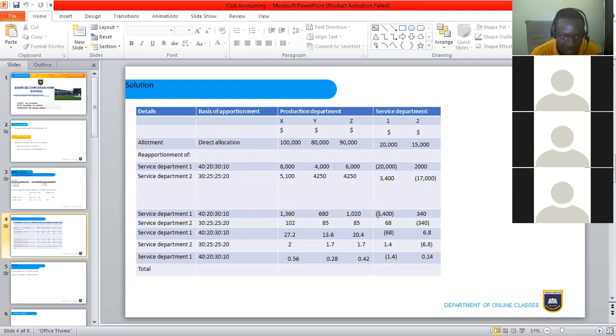Now 3,400 is in bracket. Who can tell me why 3,400 is in bracket here? Anybody who is ready can just unmute and give me the answer. Why do you think 3,400 is in bracket?